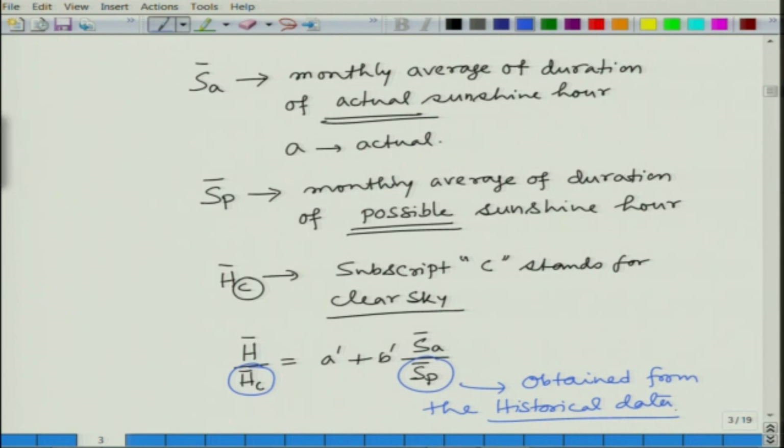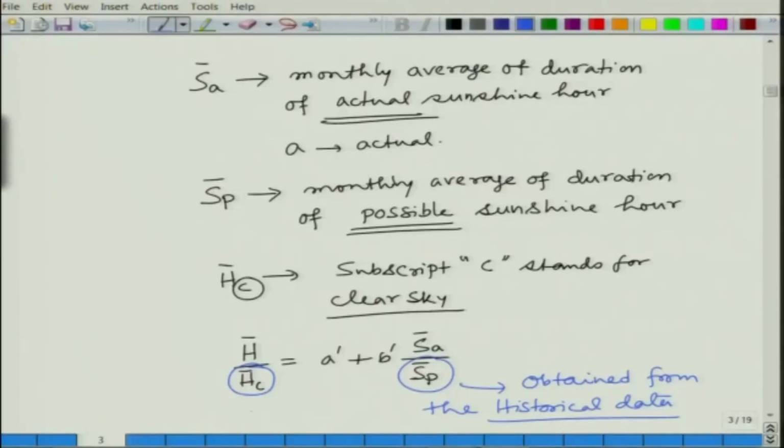We have some observatories where we place these horizontal planes with some radiation measuring instrument, and we find out the total radiation that is available to that particular plane throughout a day, and for each day for a very long time. So, that is a continuous process for all these observatories. We keep those data, and those are the data which are used for calculating this HC bar and SP bar. These two are available from the historical data.